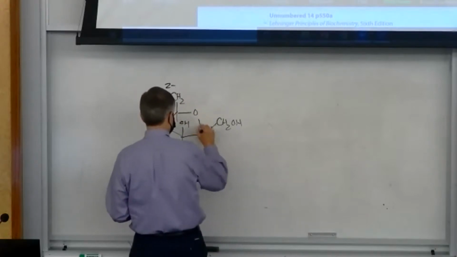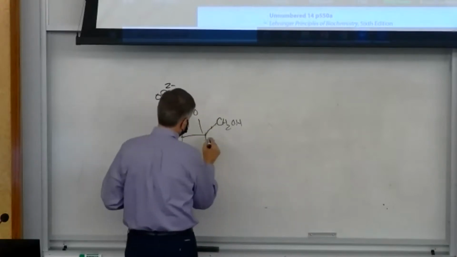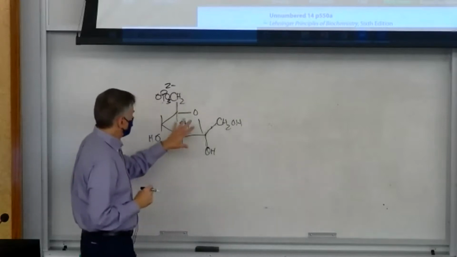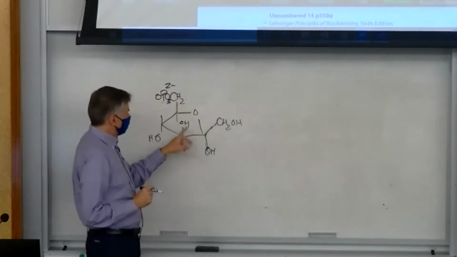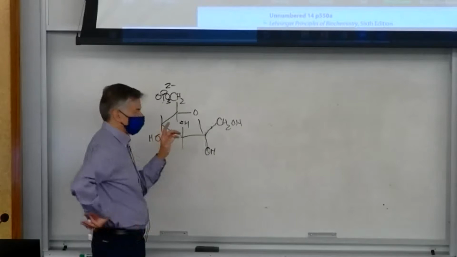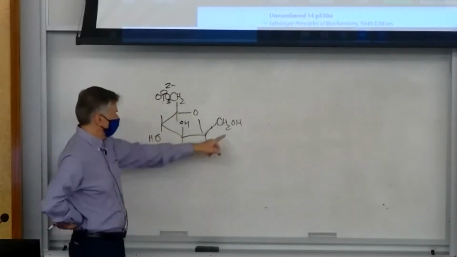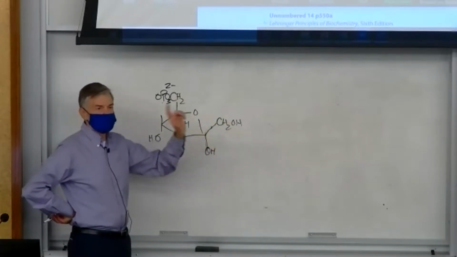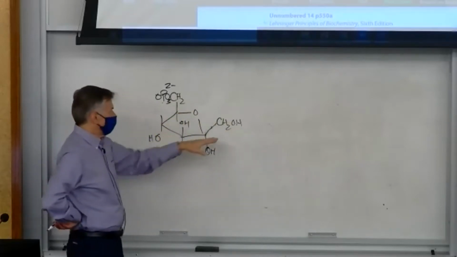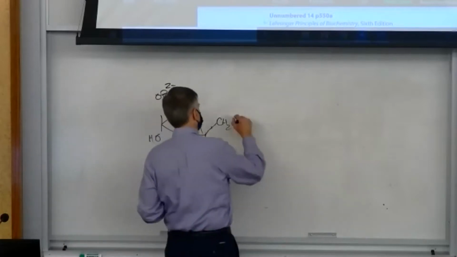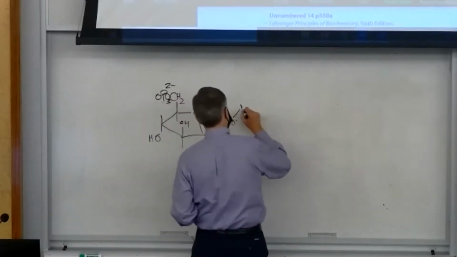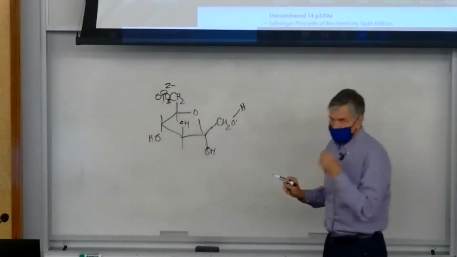We have our fructose, and at this point, there is a second phosphorylation event that's going to take place involving this 1 hydroxyl group. We're going to use this other enzyme, phosphofructokinase 1.